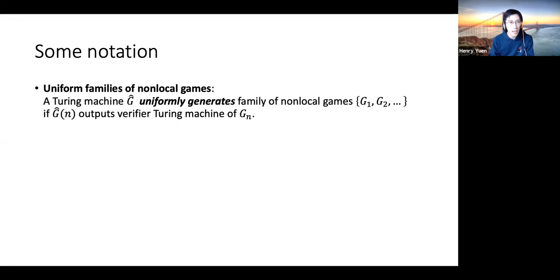This G hat will take in some integer n, and it outputs the non-local game G sub n. Technically it's a Turing machine that outputs a Turing machine, but this output Turing machine describes a non-local game. It's important to note that this G hat is just some fixed object that specifies an infinite family.